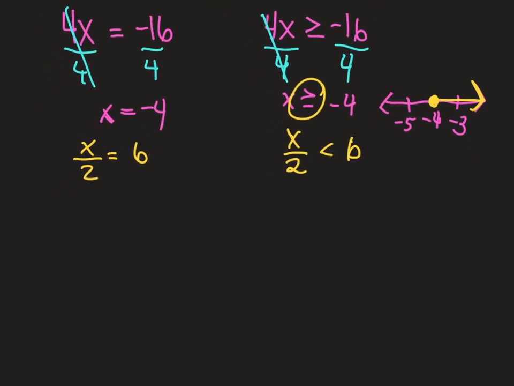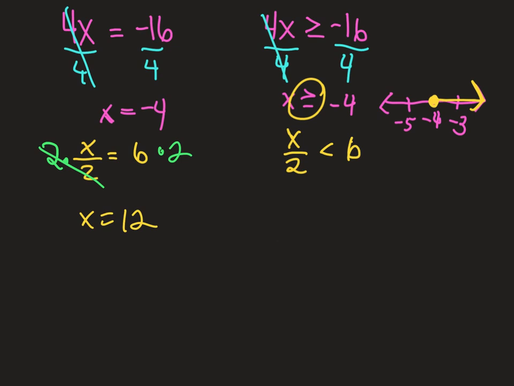Okay, let's look at these yellow examples. X divided by 2 is equal to 6. So if that was an equal sign, old kind of question, we would sing the song, times by 2, cross out, what's my answer, x is equal to 12. 6 times 2 is 12.